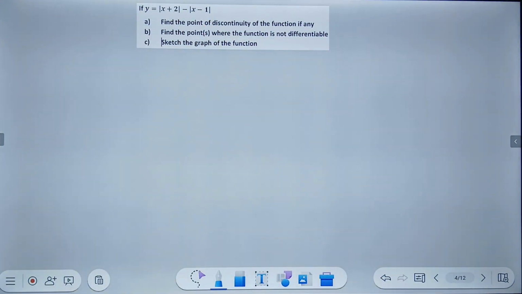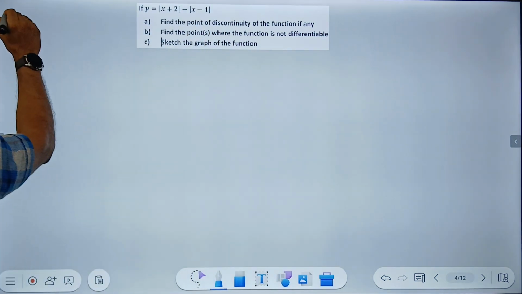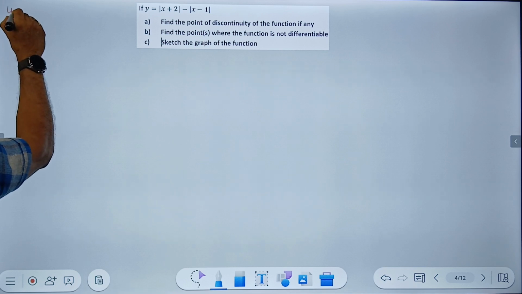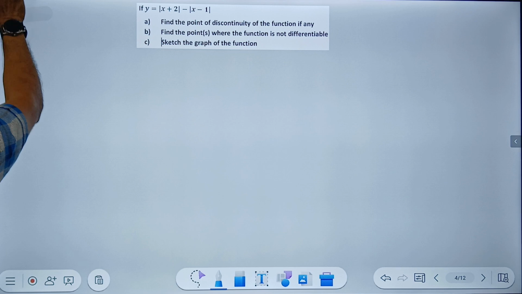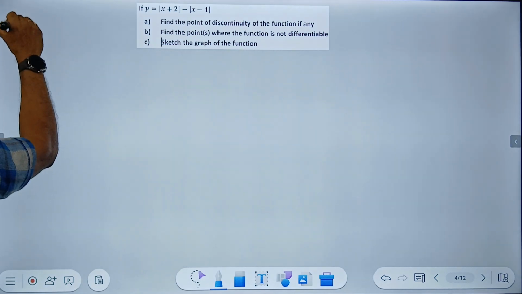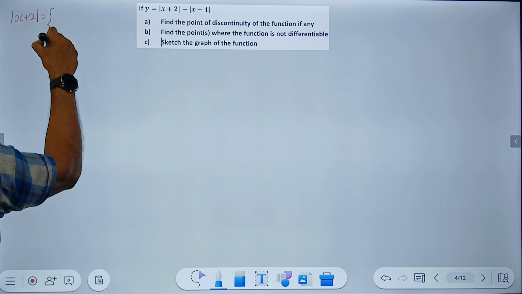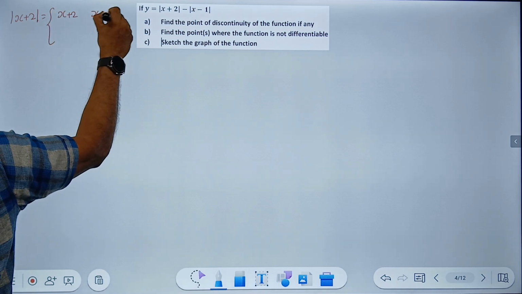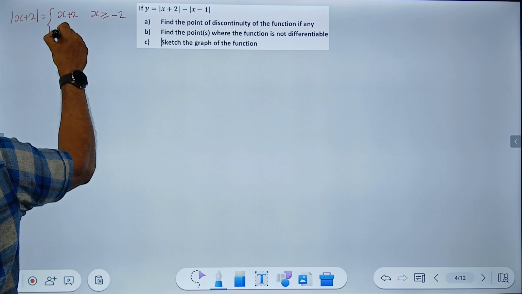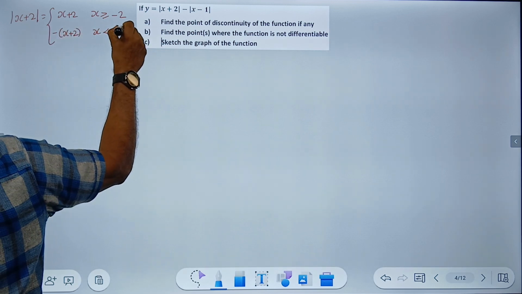y equal to modulus of x plus 2 minus modulus of x minus 1. Before I do it, I want to write the definition of modulus. Modulus of x plus 2: what is the definition? It is nothing but x plus 2 for x greater than or equal to minus 2, and minus of x plus 2 for x less than minus 2.